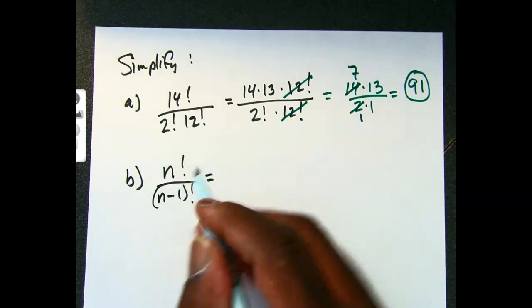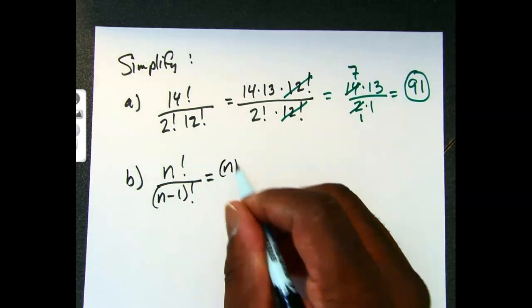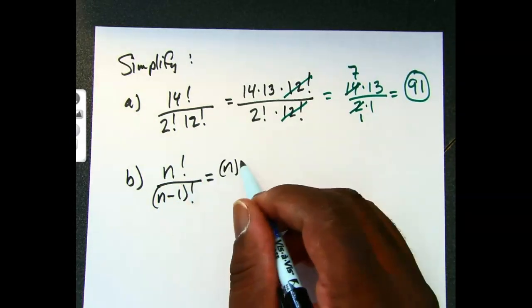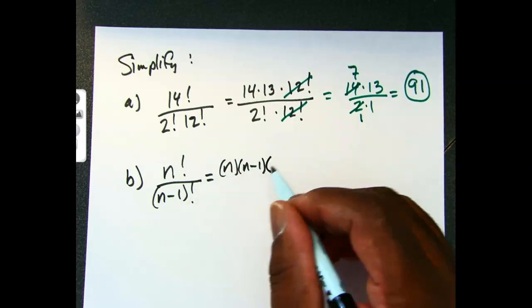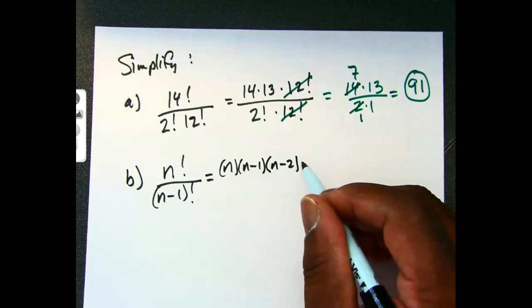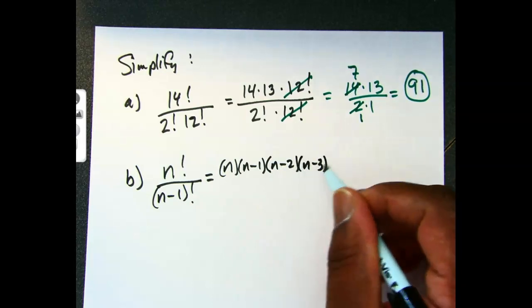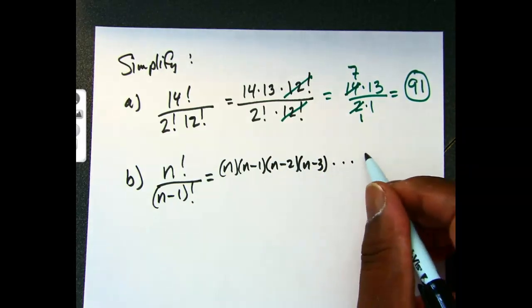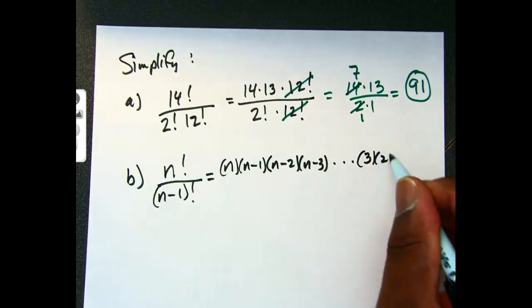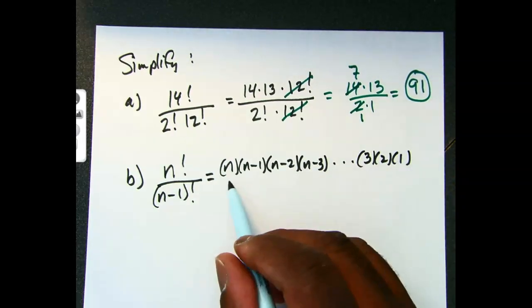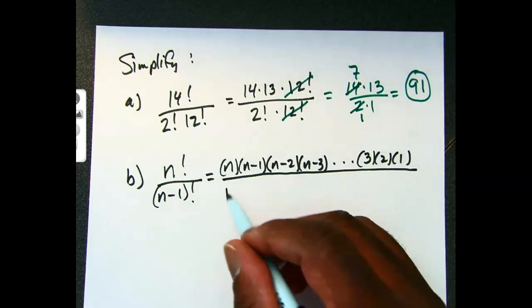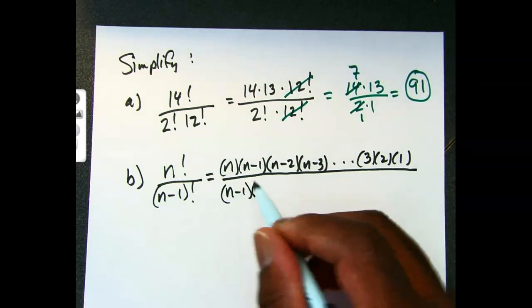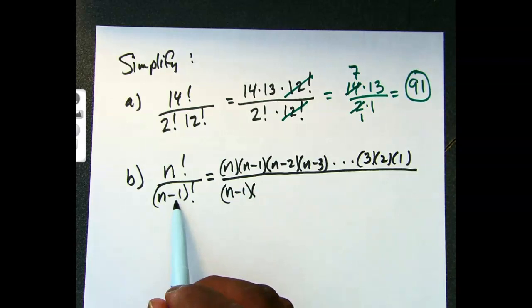n factorial would be n times 1 less than n, so n minus 1, times 2 less than n, n minus 2, n minus 3, times 3 times 2 times 1. Okay, n minus 1 factorial would be n minus 1 times, and now we're going to do 1 less than that.